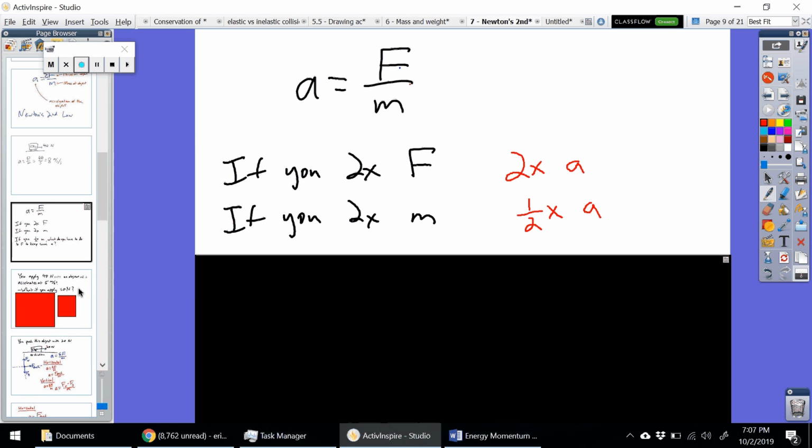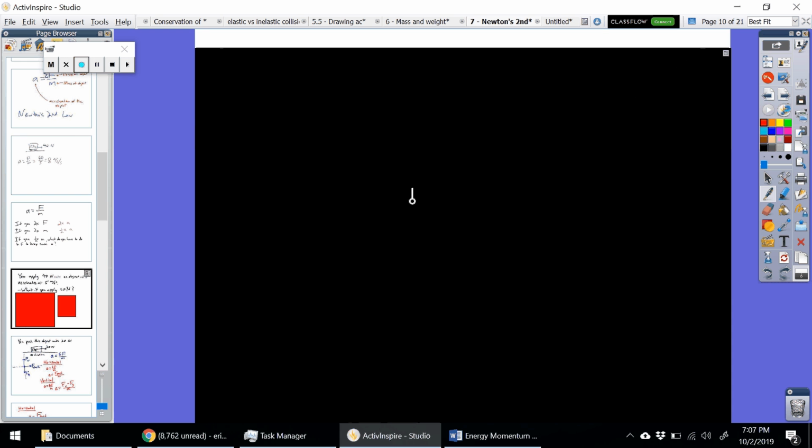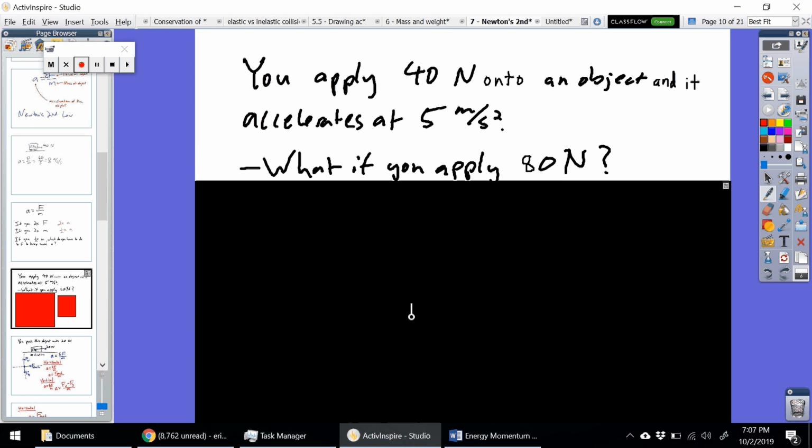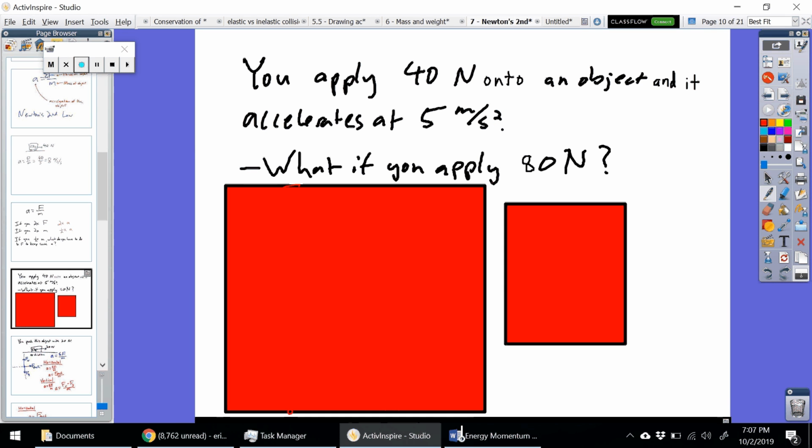Here's another question. Say you apply 40 newtons onto an object and it accelerates at 5 meters per second squared. What would happen if you apply 80 newtons? There are a couple ways to answer this question: one way that's a longer way, and one way that's quick and easy. Here would be the long way.